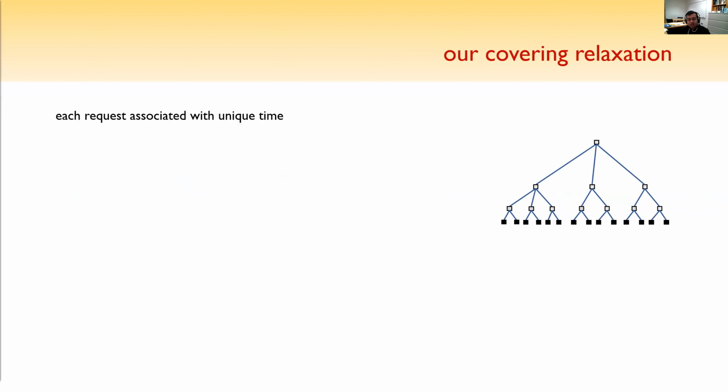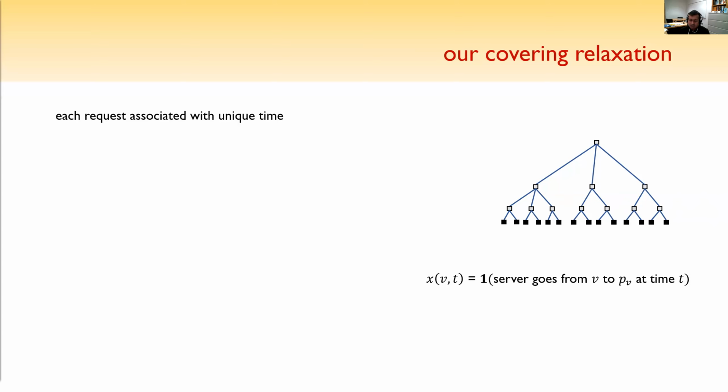Okay, so let's start with this relaxation. So recall that each request in the K-server problem is associated with some unique time. So now let's define our variables as the following. So these would be indicator variables. The variables are indexed by two things. They're indexed by a vertex v in the HST and indexed by some time t.